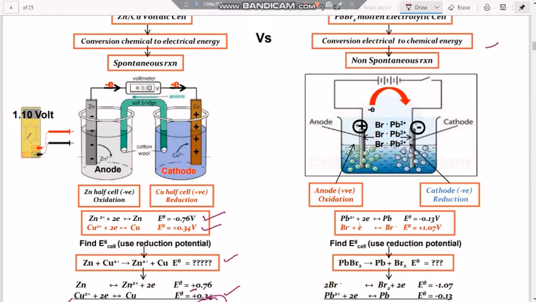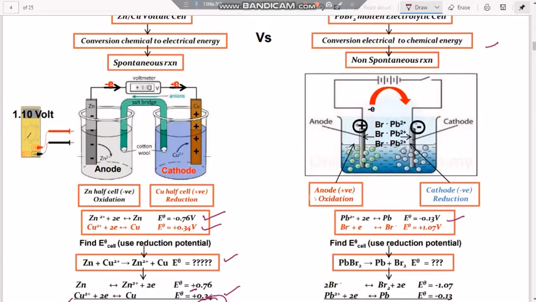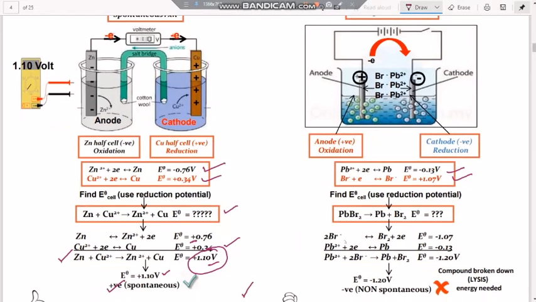Here, for lead the reduction potential value is minus 0.13, and for bromine the reduction potential value is plus 1.07. So when you take the oxidation reaction, what is oxidation? Bromine has plus 1.07, but when you write the oxidation of this reaction, it will become negative.